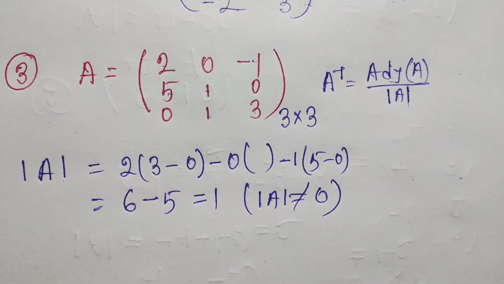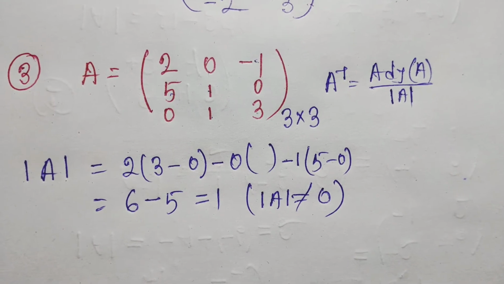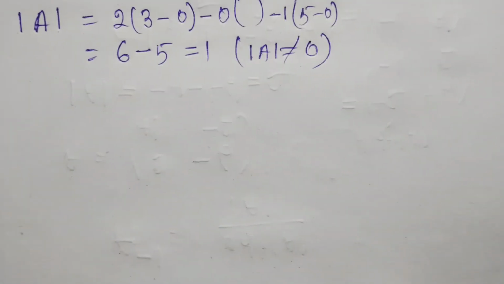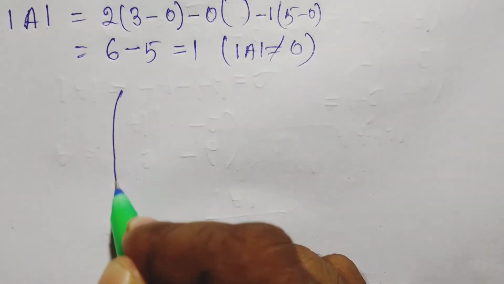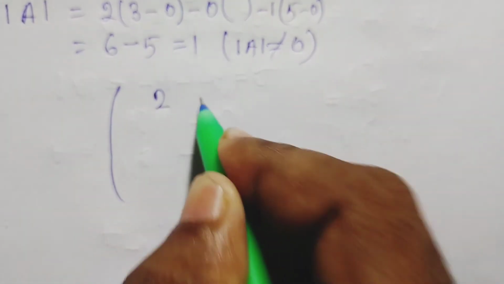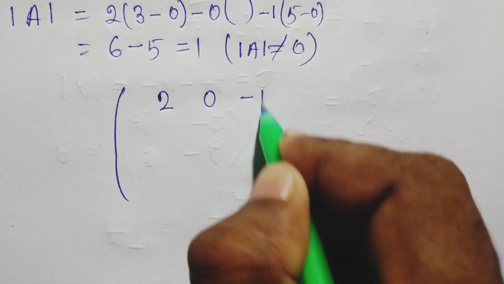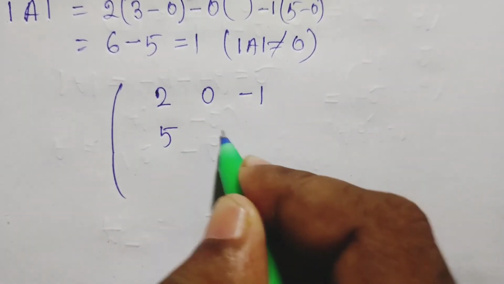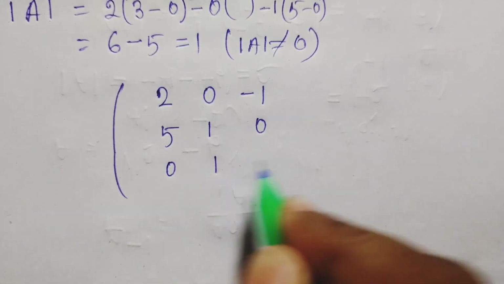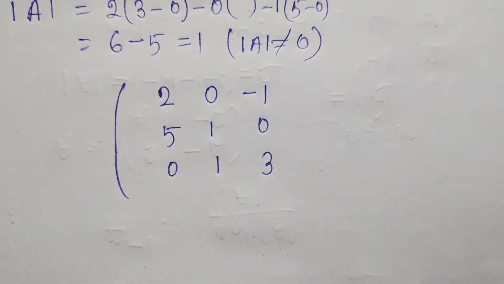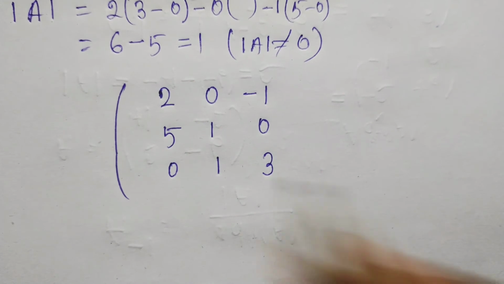And now here is the process. At first write the matrix here: 2 0 minus 1, 5 1 0 and 0 1 3. Now you have to repeat.